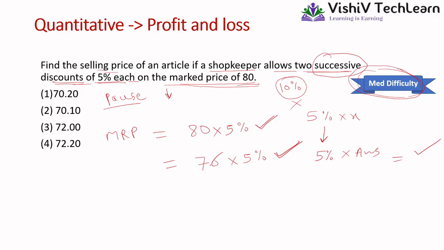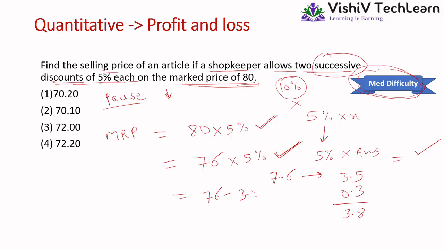Now again 5% of 76. 10% is 7.6, so 5% will be half of this, which is half of 7, that is 3.5, and half of 0.6 will be 0.3. We add that here, and the answer comes to be 3.8. So we have to subtract 3.8 from 76.